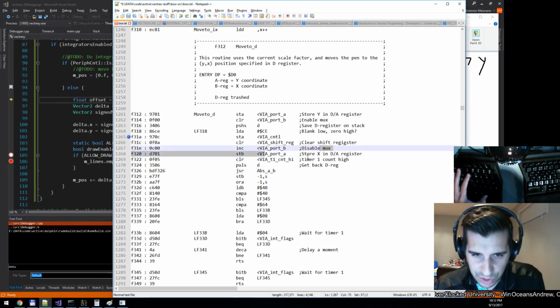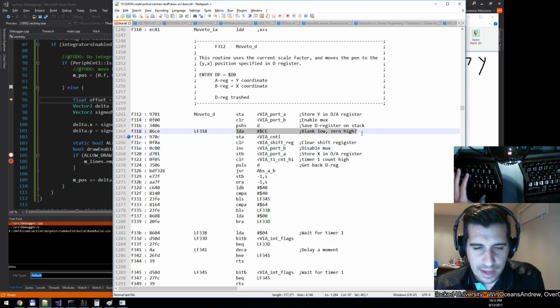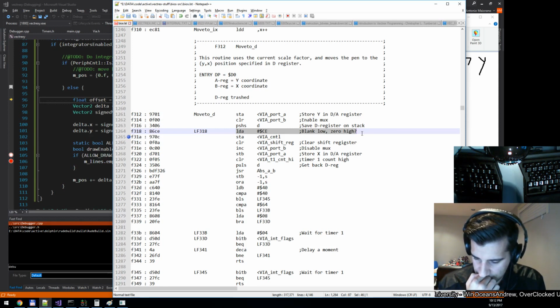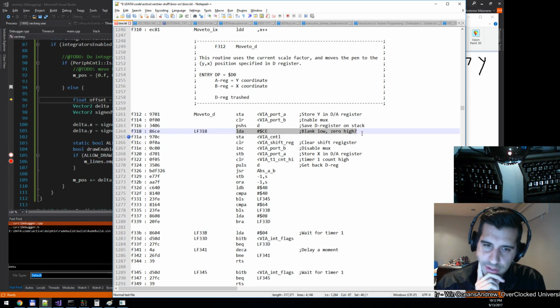But in between the two, it goes and does this blank low 0 high. And you know what? Huh. This may have been done on purpose to compensate for how many cycles it might take before the zeroing is turned high, before the beam actually starts to move.